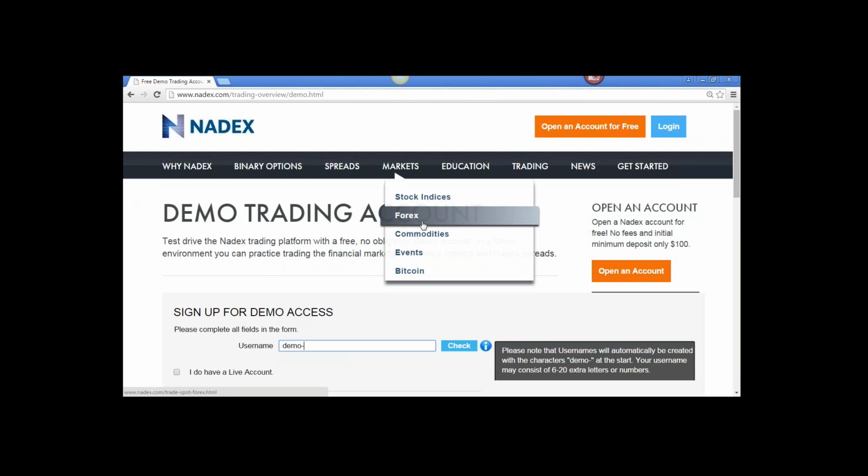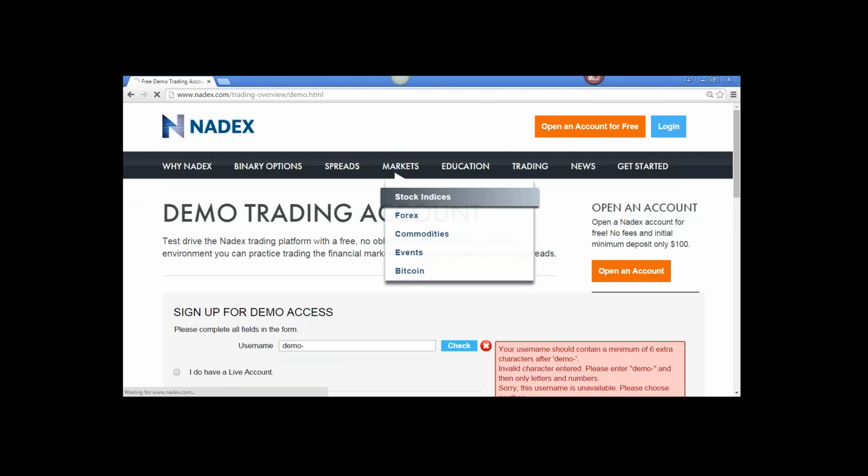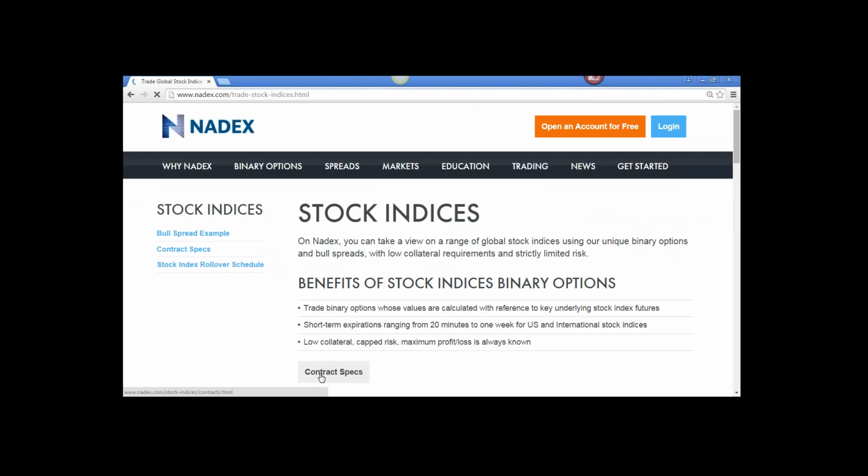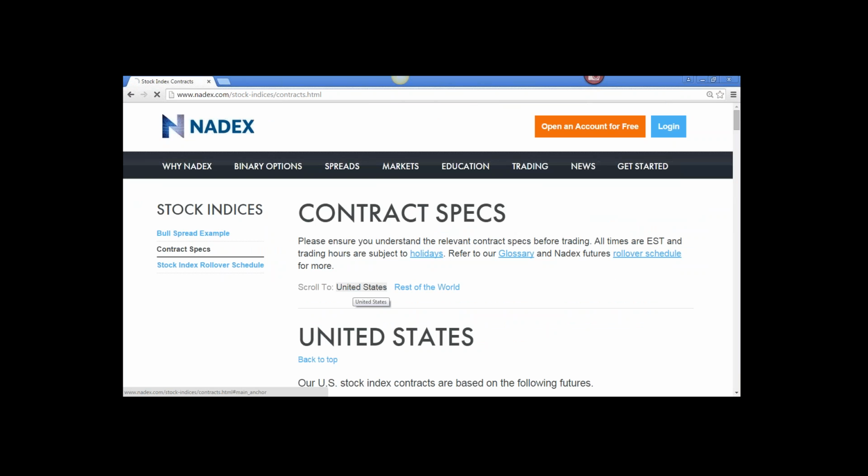Stock indexes, Forex, commodities, events, Bitcoin. Like right here, if you go to stock indexes, okay, and you go to contract specs. So if you ever get confused on, wait a minute, where are the 5-minute binaries on the US tech? Well, they don't have 5-minute binaries on that. They only have 5-minute binaries on Forex, okay?